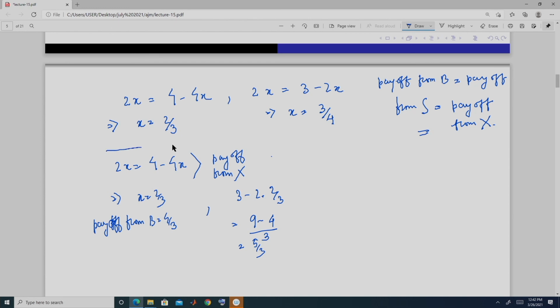So, again this is not possible. When payoff from B and payoff from S is equal, but it is greater than payoff from X, it is not possible. So, we ruled out this also.